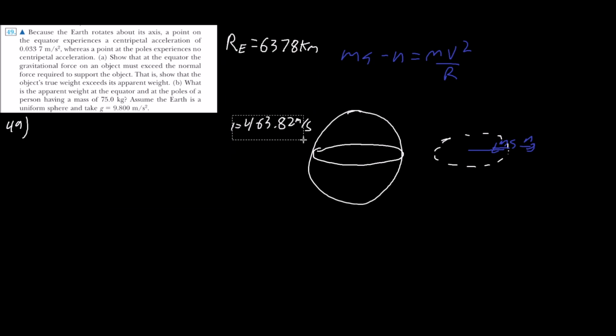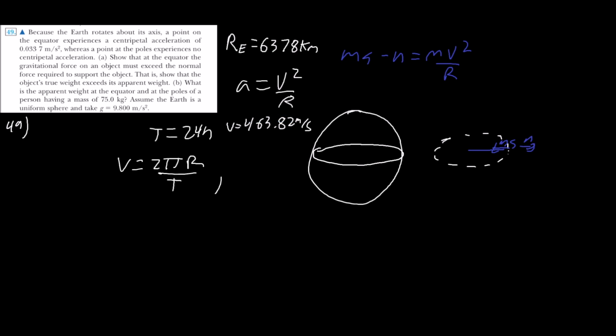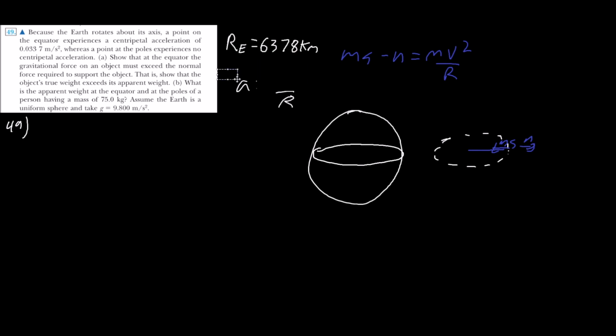And conveniently, once you plug this formula in there, then you would get the centripetal acceleration would have to be 0.0337 meters per second squared.